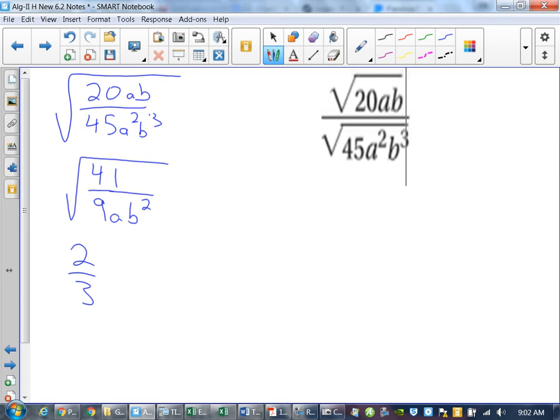So if I can take out a 2/3, now think about this. This is 1 over a and 1 over b squared, isn't it? So what would be the square root of 1 over b squared? 1 over b. So I can take the b here, and I wind up with then 1 over a. Now you could probably do that a couple of different ways.